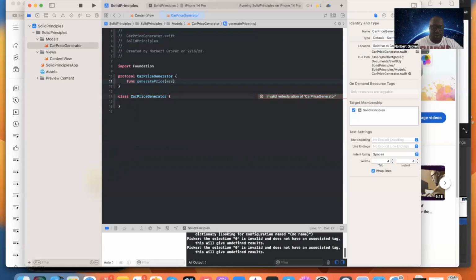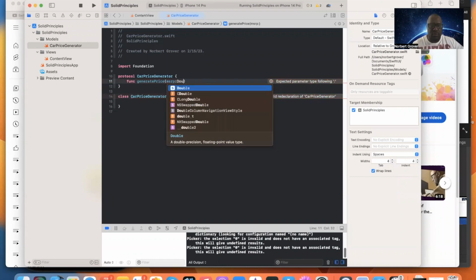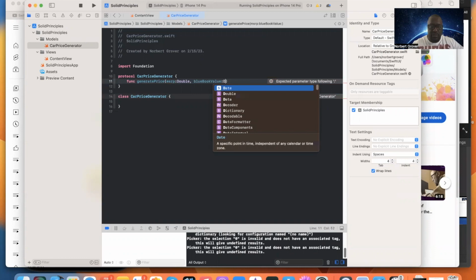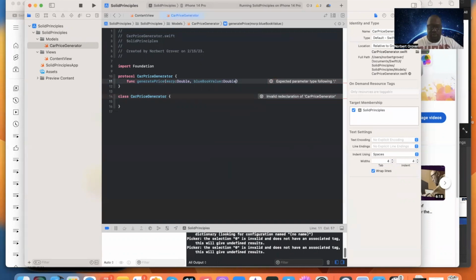I'm just going to say MSRP, which is of type Double, blue book value, which again is a Double, and then inventory level.